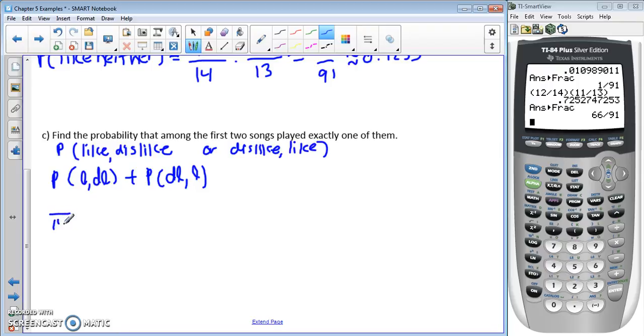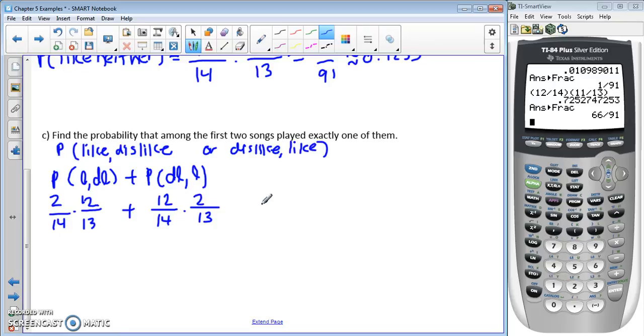So I have multiplication, and I know I'm down 1 song, so I know these are my denominators here. Right? So if I like the first song, there's 2 of those options. Well, I picked a song that I like, so there's still 12 songs that I dislike. Well, here there's 12 songs that I dislike, and there's 2 songs that I like.